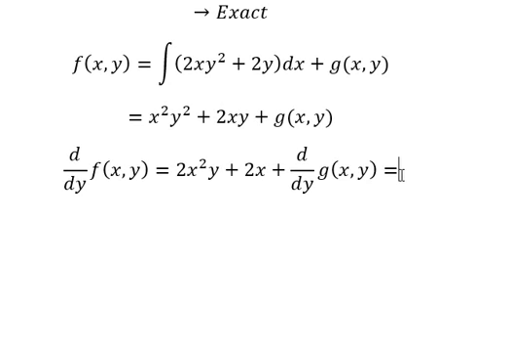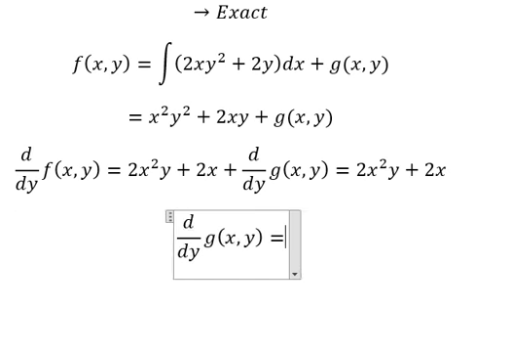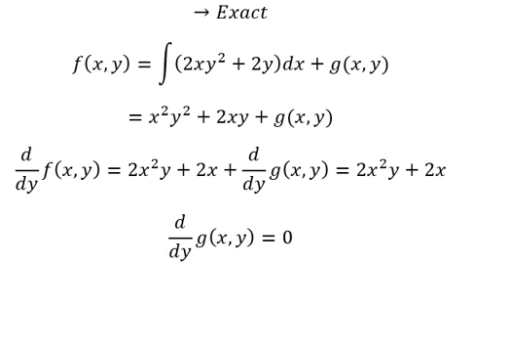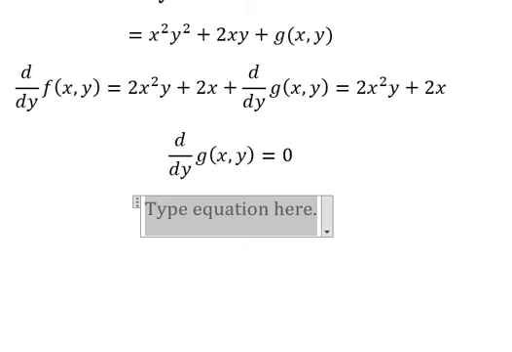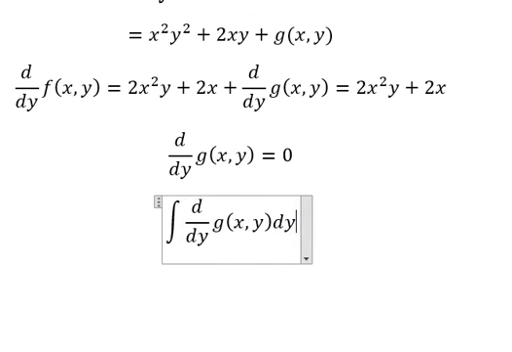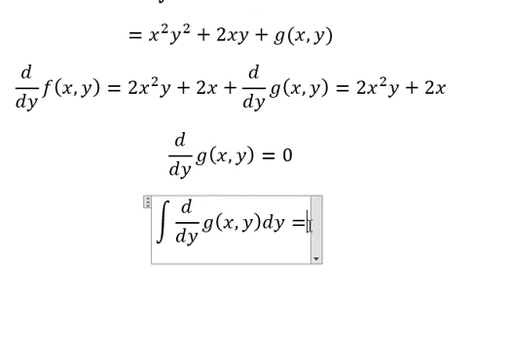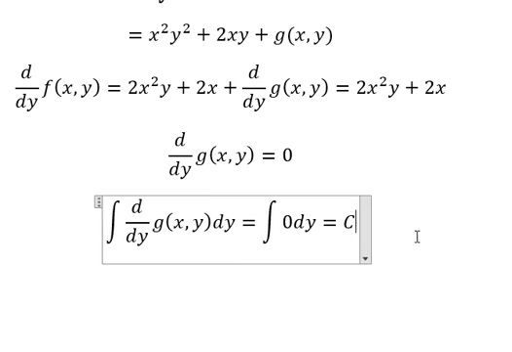So we simplify for the both sides, and we have number 0 in here. Later, we put the integration for the both sides. And this one equals to c.